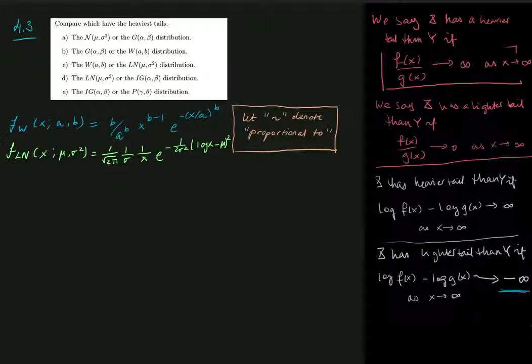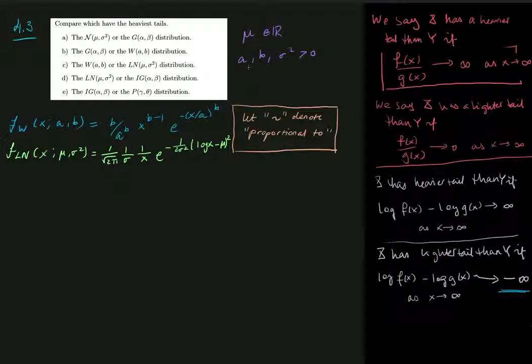And what we kind of just notice here as well is that we assume mu to be just any real number, and we assume a, b, and sigma squared to be greater than 0, just so that we know which cases we should cover when we take a look at this.